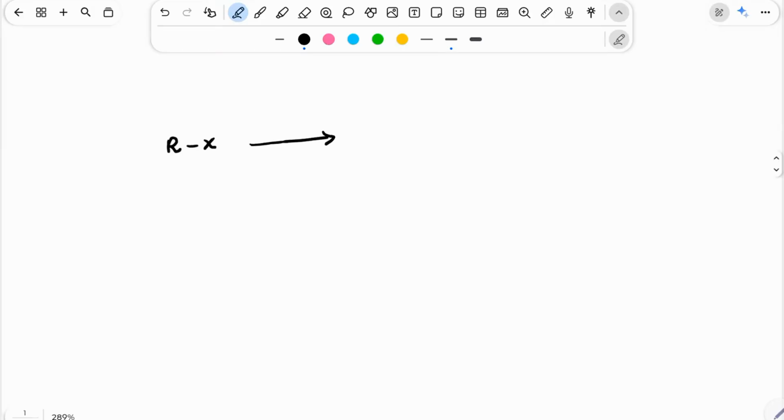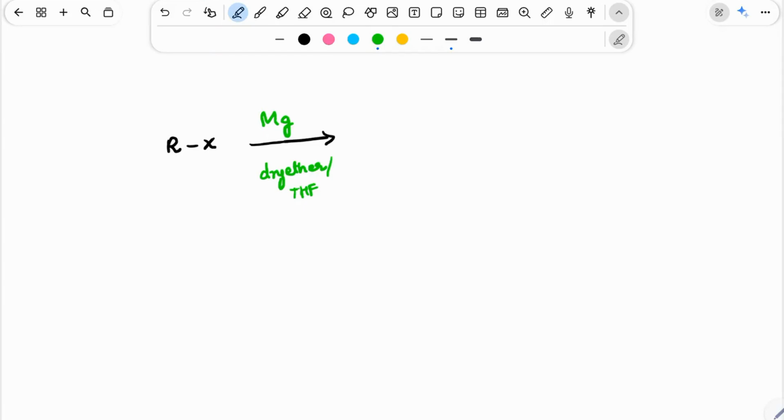It is combined with the metal magnesium, and a very important thing here is the solvent. We have to use dry ether, which means we should not use any solvent which can produce H+. Instead of dry ether, we can also use tetrahydrofuran, THF. We need only dry conditions.